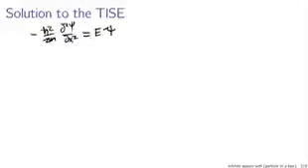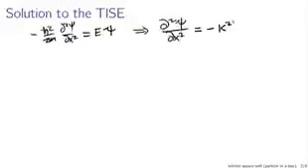So how do we solve it? Well, we had minus h bar squared over 2m times the second derivative of psi with respect to x being equal to E times psi. We can simplify that just by rearranging some constants. What we get is minus second derivative of psi with respect to x equal to minus k squared psi.